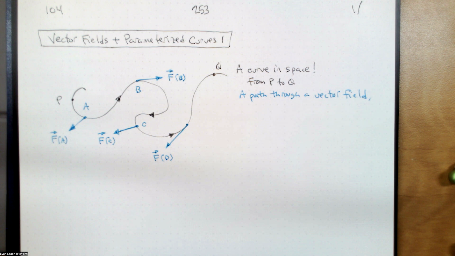At every point on the curve, we can imagine a tangent to the curve. That represents the direction that we're going on that curve at that point. At every point on the curve, we have some tangent.